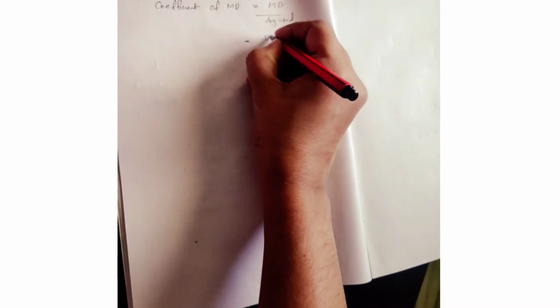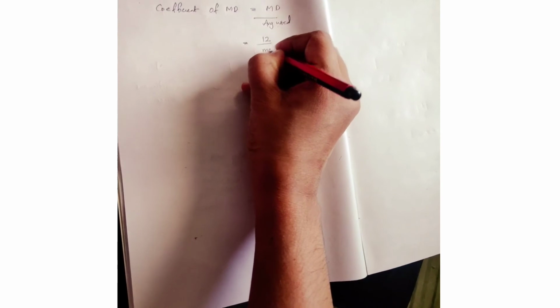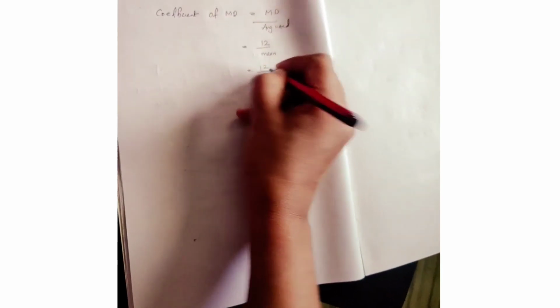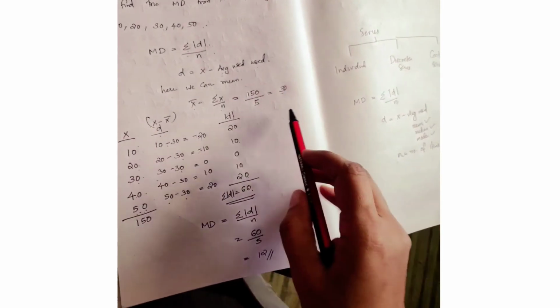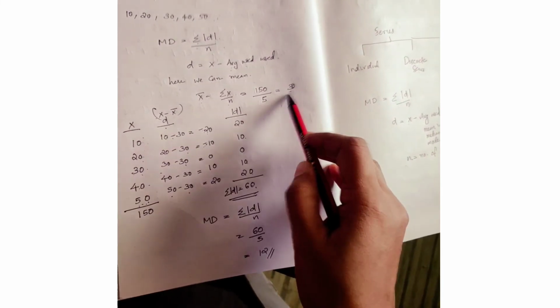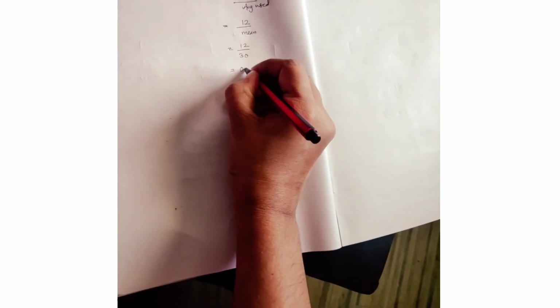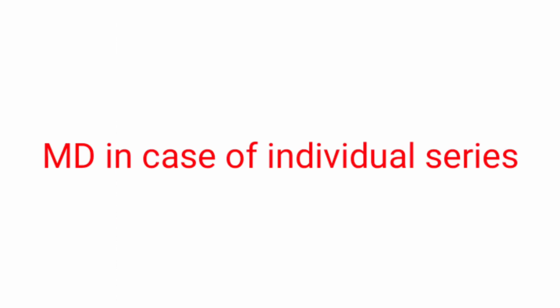So 12 by the mean, which we have already found to be 30. So 12 by 30 is equal to 0.4. This is how we calculate mean deviation in case of individual series.